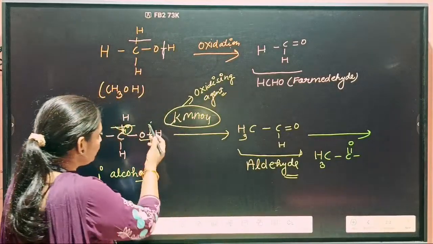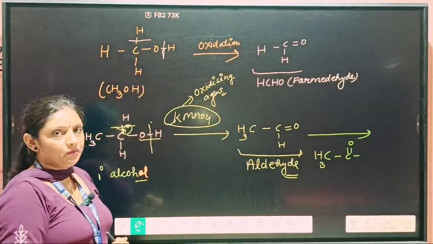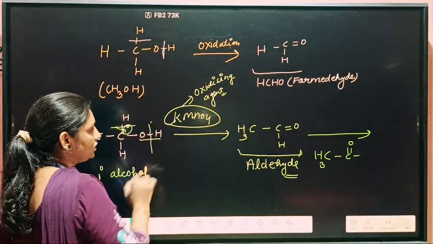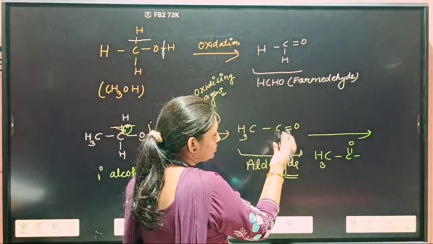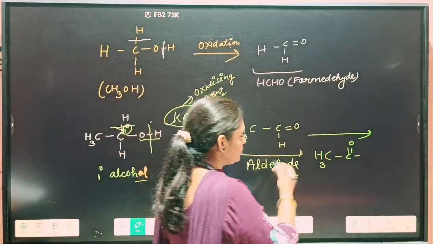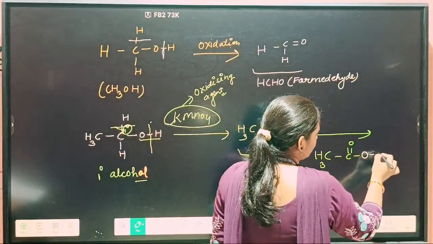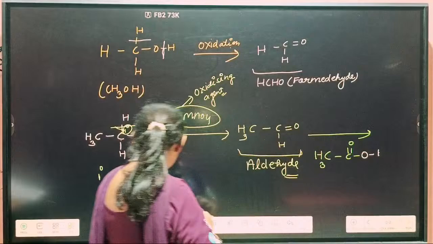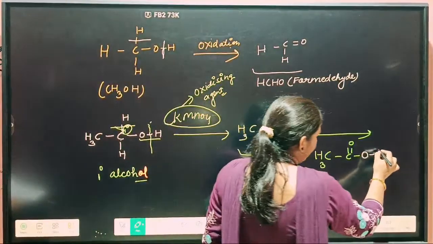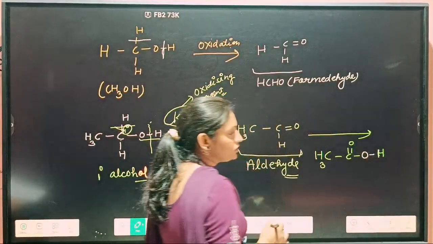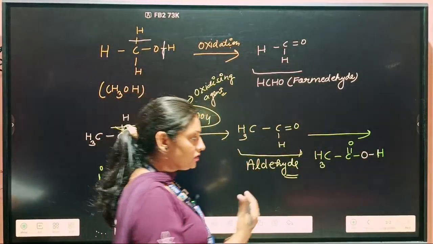In the first step, we are removing the hydrogen from here, so it is oxidation. Again further, because one H is still present here, addition of oxygen can take place. And addition of oxygen is also known as oxidation.